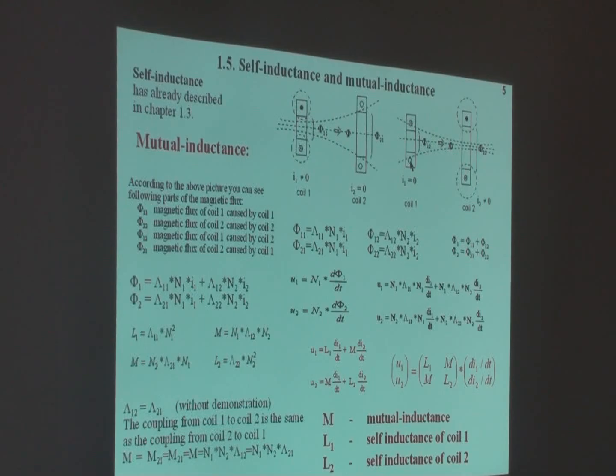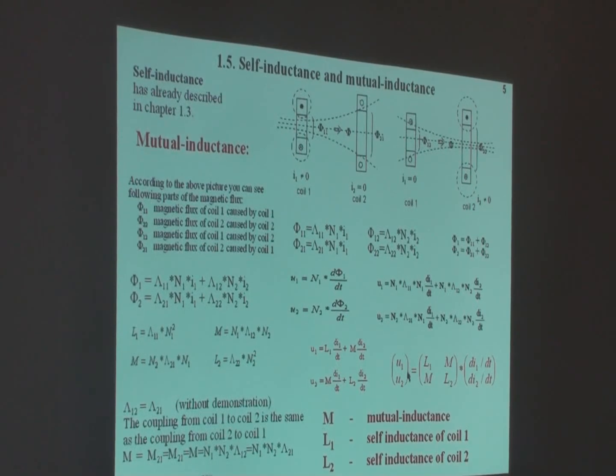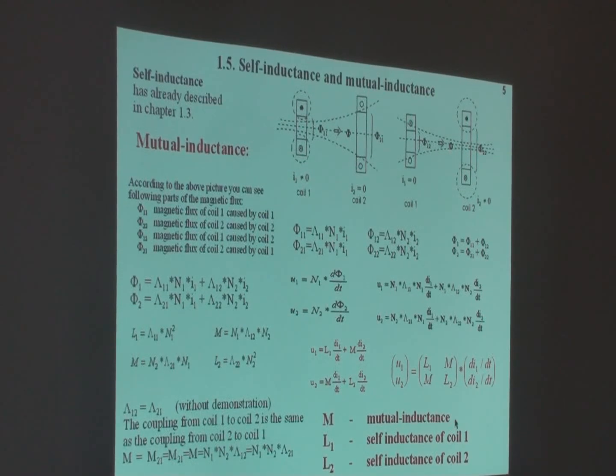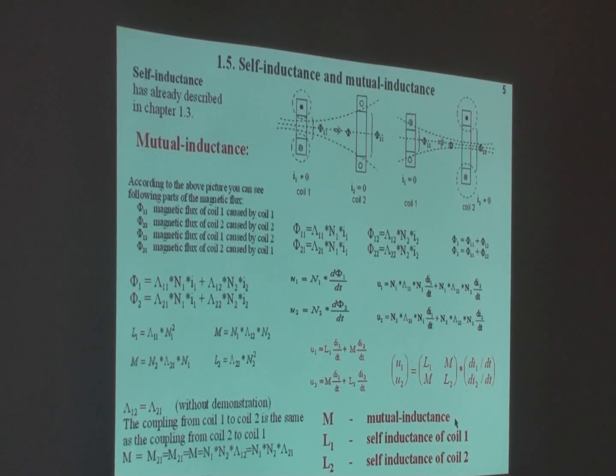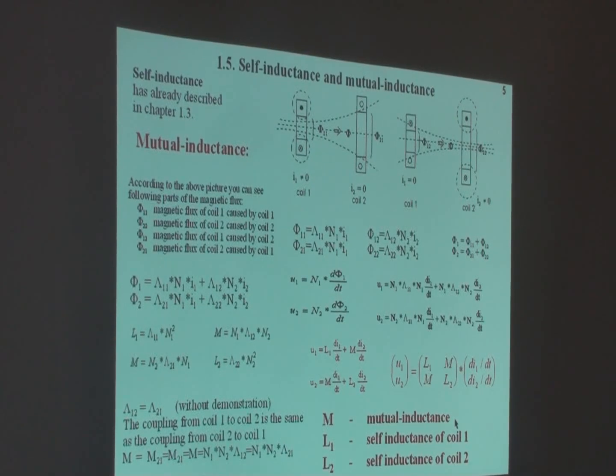The red one is very important. We get some equations, and this is a matrix equation. We had u equals L di/dt for one coil. For two coils, we get this red one. We have for two coils 1, 2, 3, 4.